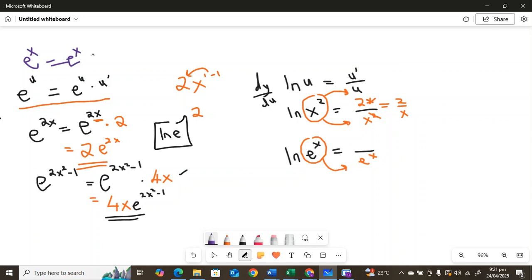Then what's the derivative of x? 1 over xe. When we derive e to the power x, remember we write the expression e to the power x. Then when you derive x, you get 1.